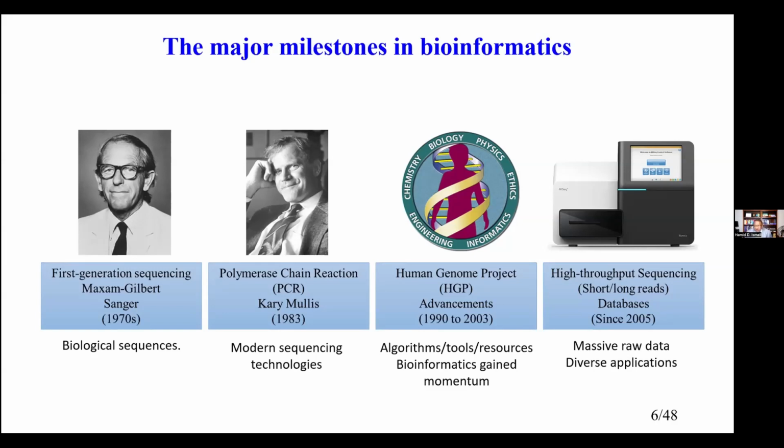And so high throughput sequencing, like next generation sequencing and third generation sequencing, is able to sequence a human genome or any genome in hours, and they reduce the cost from about 3 billion to less than $1,000.